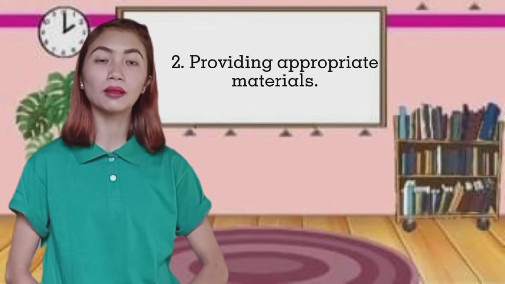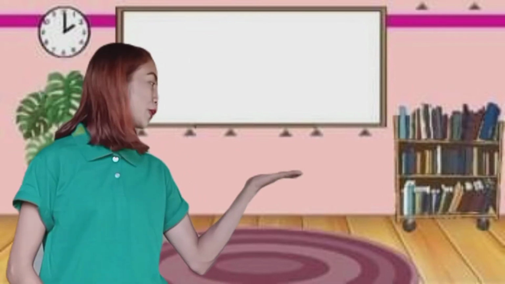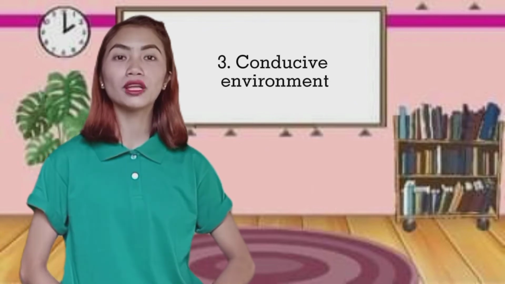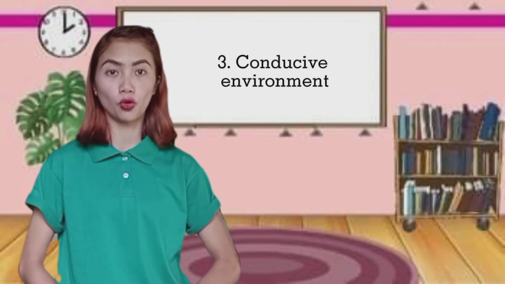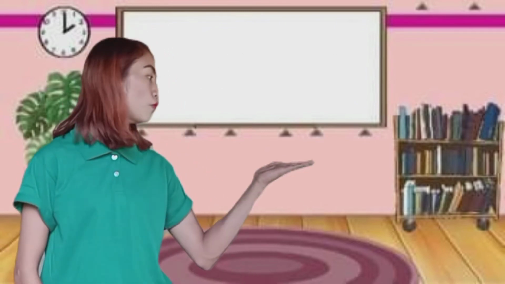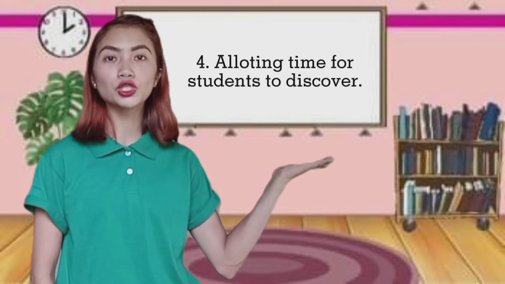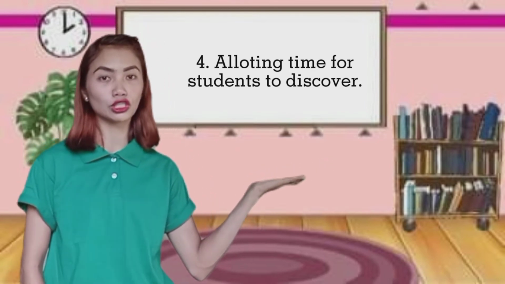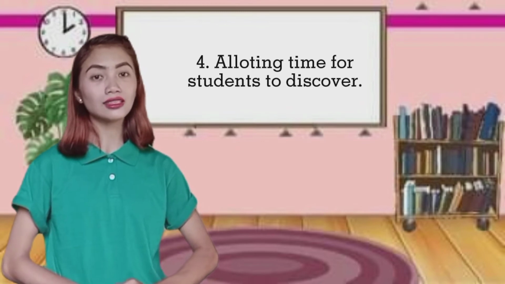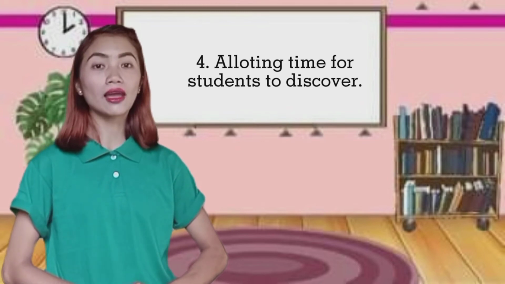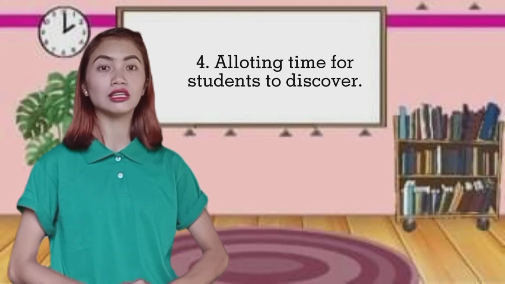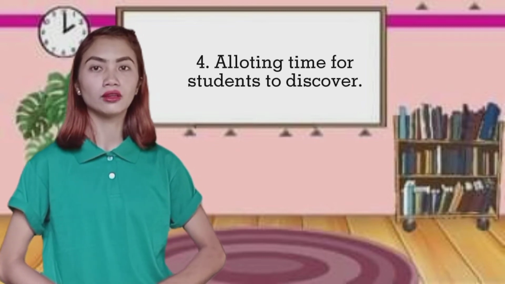Third, a conducive environment, free from distractions or noise. Fourth, allotting time for students to discover. So it is very important that as a teacher, we need to give time for our students in their discovery.